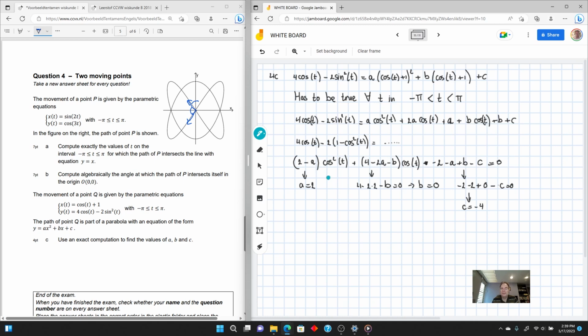And then for this equation to be true, that can only be the case if the coefficients in front of these terms in the quadratic equation are 0. So then you find a, for the first, a is equal to 2. You substitute a in the second, then you find b has to be equal to 0. You substitute your a and b in the constant term, then you find c is equal to a minus 4.